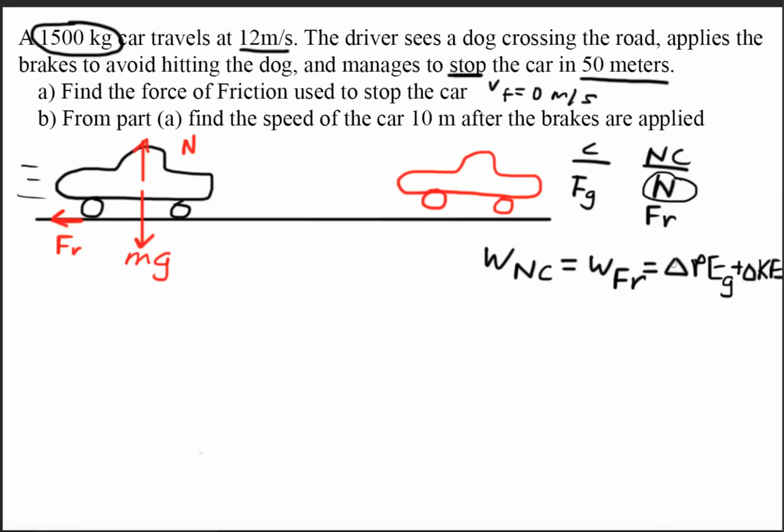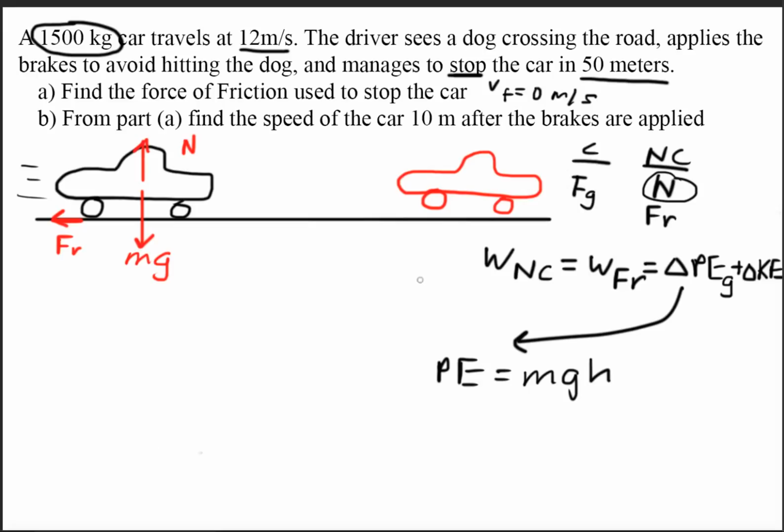Now let's analyze this free body diagram yet again. We said we know that potential energy is equal to mgh. Now in this system, the height does not change at all. Potential energy in the beginning is going to equal the potential energy in the final.